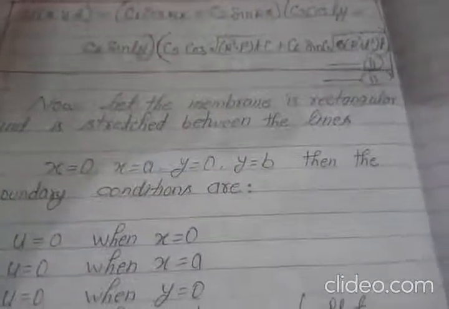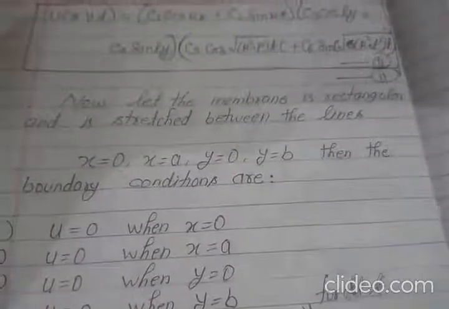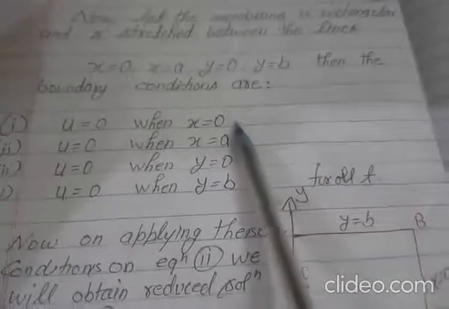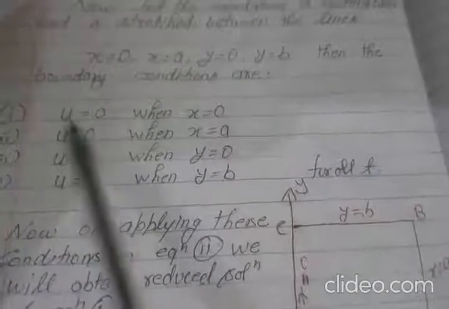Since in two dimensions the membrane is rectangular and is stretched between the lines, it can be understood in this way: for this line x will be 0, for this line x will be a, for this line y is equal to 0, and for this line y is equal to b. Now when x is equal to 0, u will be 0.